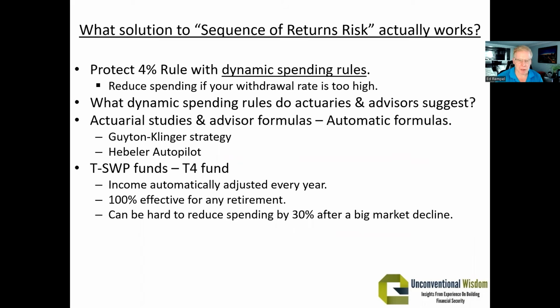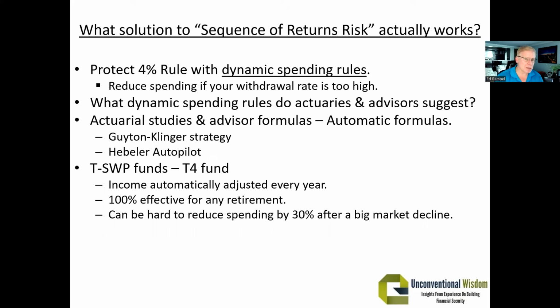You start taking 4% a year, and then it adjusts, because your investments go up and down and you're increasing your withdrawal by inflation every year. You just monitor where it is, and occasionally you'll see your withdrawal rate is going high. It's either because the market went down or because your spending went up. If it gets too high, then you should reduce your withdrawal rate somewhat. That's basically what dynamic spending rules are.